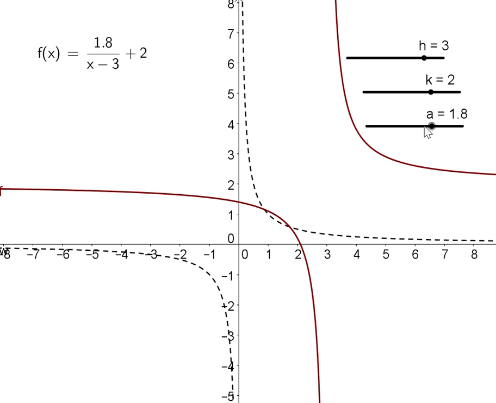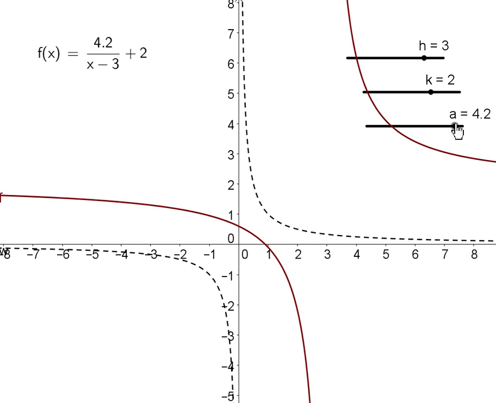Okay, so that's a look at the first rational function that we looked at in section 8. Again, the general form was a over x minus h, plus k. One of the things that they talked about, and we should make sure we address here, is that this function does have an asymptote.